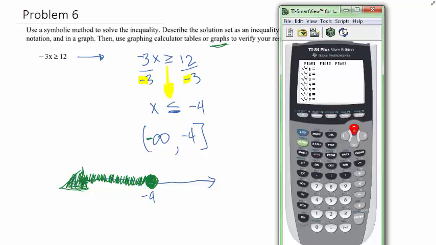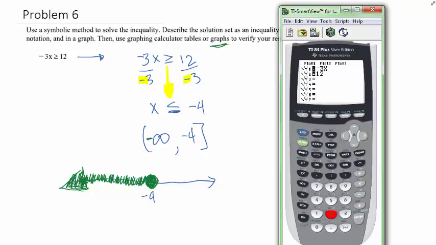So if I put -3x here, and remember the negative for finding the opposite is different from the minus subtraction. So -3 times x is one function. The other function that I want is 12. So I'll arrow down here. Now y2 is just a constant function 12.